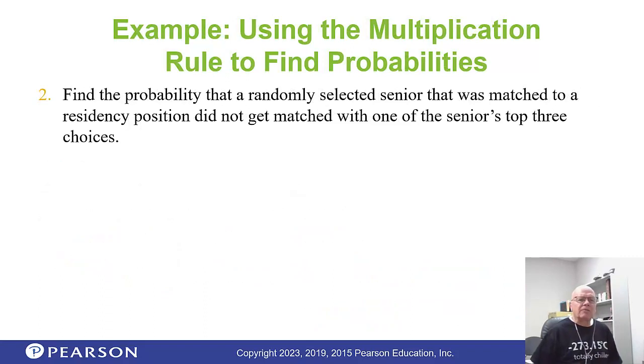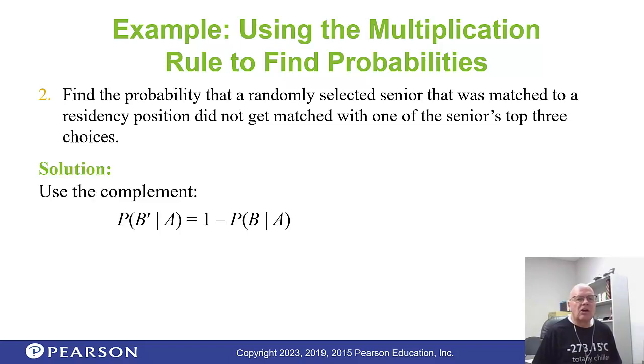How about this way? Find the probability that a randomly selected senior was matched to a residency position and did not get matched with one of their top 3 choices. So, we're going to change the second part to this. Now this is they're not matched with one of their 3 choices, but they did get a residency.